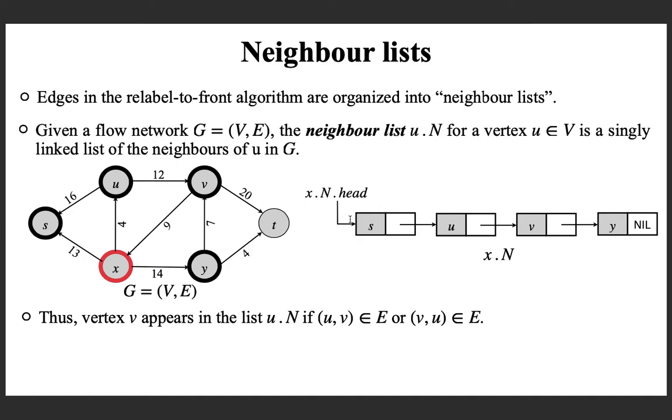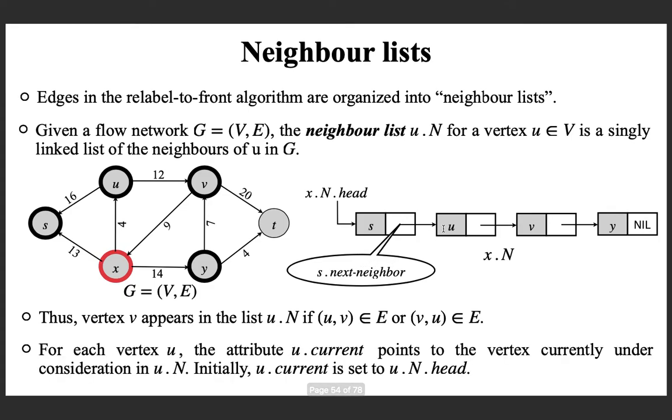One is the head pointing to the first node in the list, and the next pointer is named next-neighbor. This field points to the next neighbor. And for each vertex u, there is another attribute, current: u.current points to the vertex currently under consideration in this list.